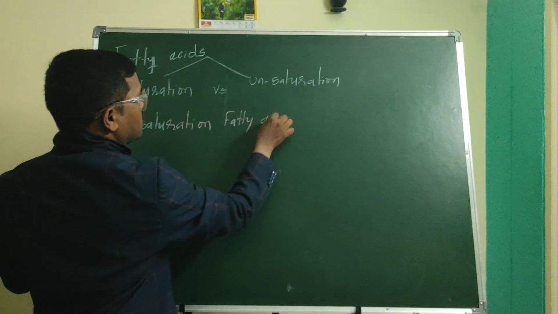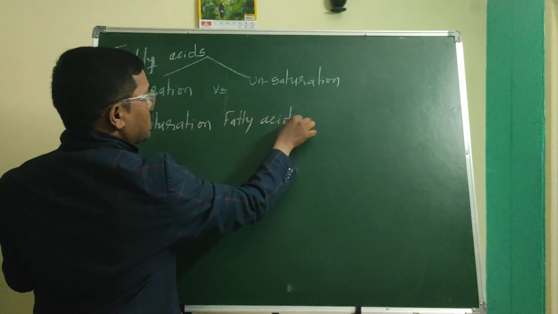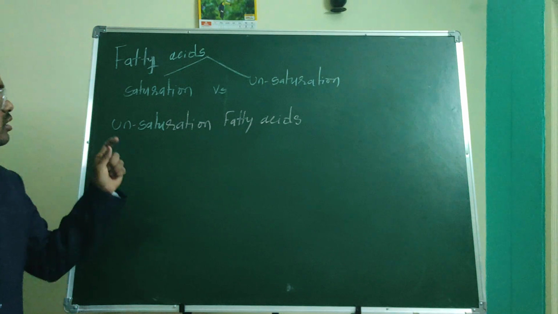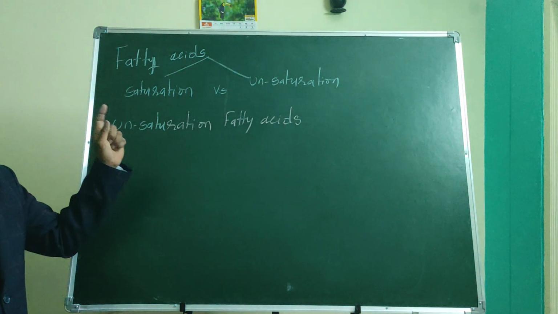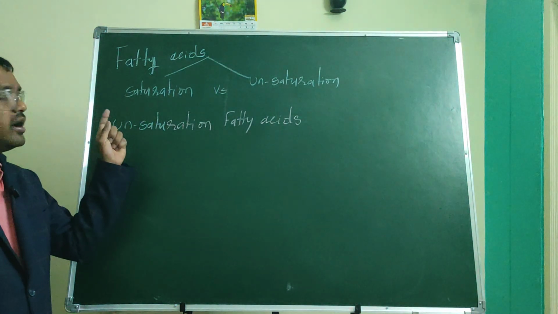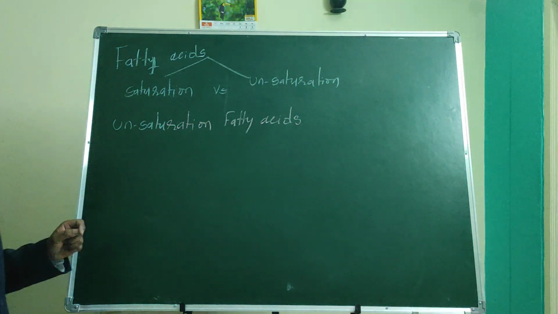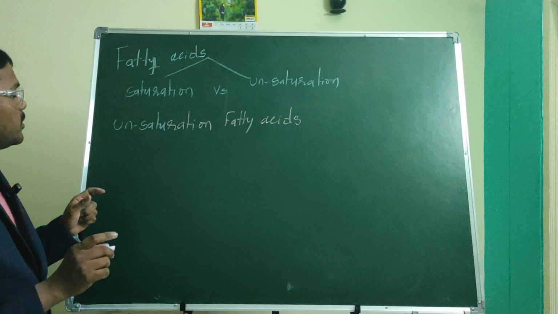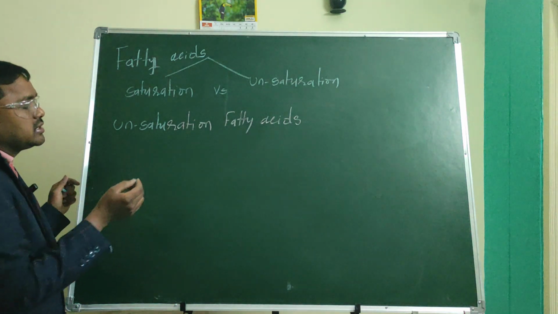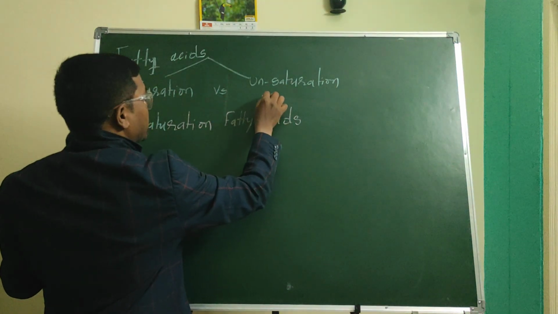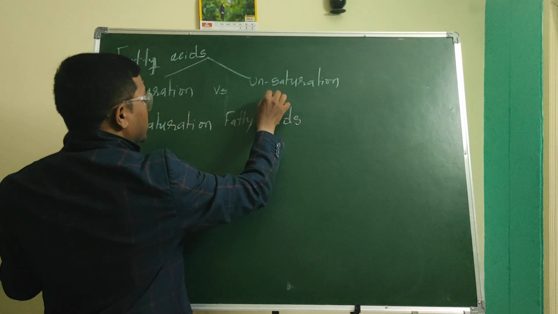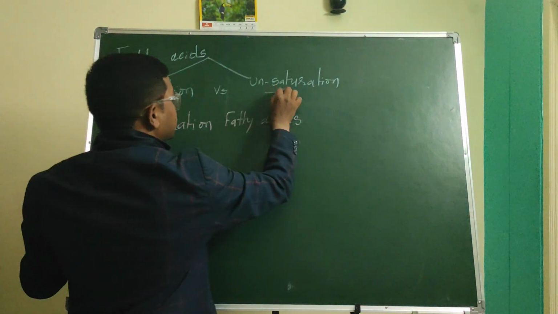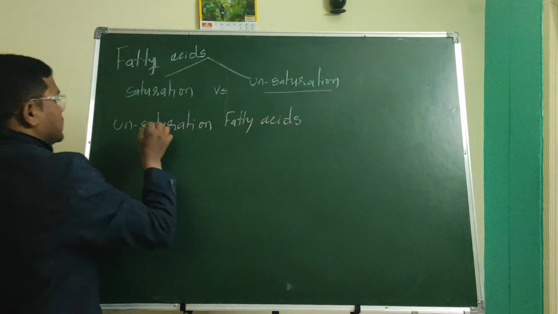Fatty acids: this saturation and unsaturation is due to the presence of double bonds in the aliphatic chain of the fatty acid. If double bonds are present in the aliphatic chain of the fatty acid, then it is called an unsaturated fatty acid.